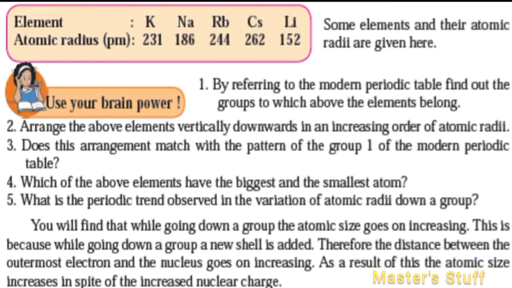Thus the atomic size goes on increasing from top to bottom along the group, while it goes on decreasing from left to right across the period, as the electron is added in the same shell, which results in more force of attraction from the nucleus on the electron.